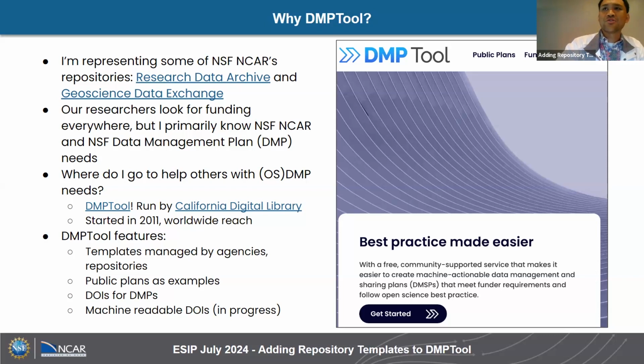I've been saying you should go to DMP Tool since like 2017, 2018. And even today, if you're proposing for NASA, there are only two templates there. One for heliophysics, which I don't think anyone in this room is doing, and one for a more generic template. If you want to propose to NOAA, there are no templates on there.